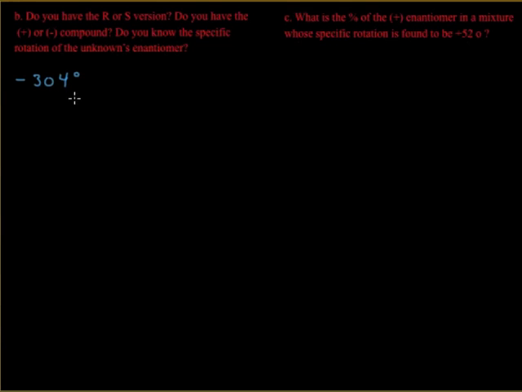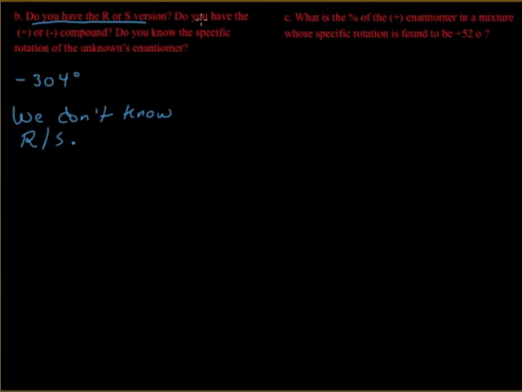Well, the answer is no. We have no idea. Just because we have the specific rotation does not tell us if we have R or S. So we don't know R or S. So that's the first part here.